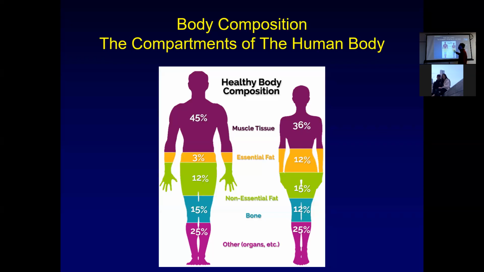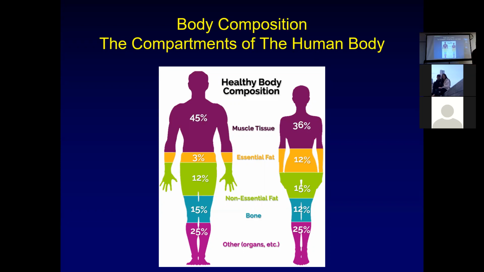What this is going to illustrate is that depending upon how your body composition changes, the percentage of things that go into each one of these categories is going to shift around.